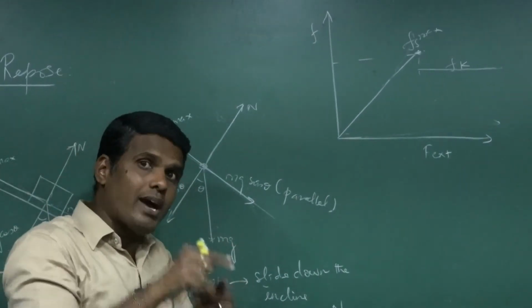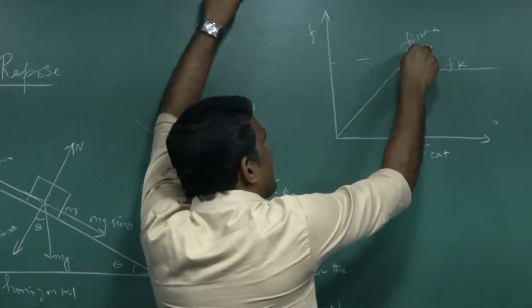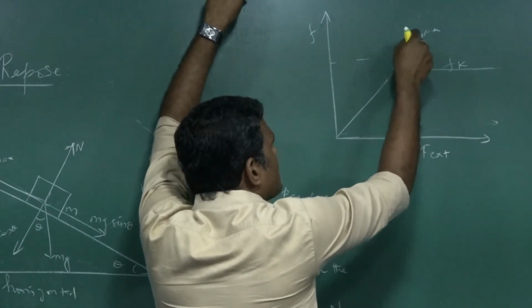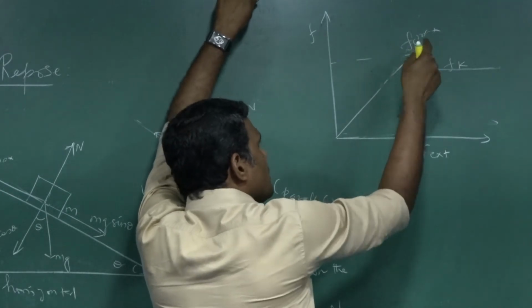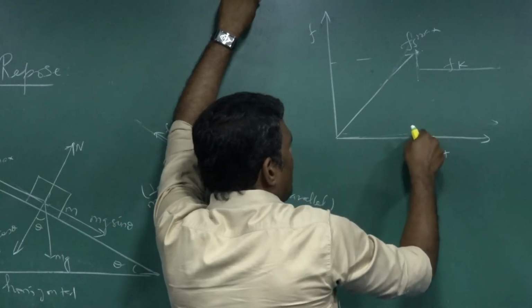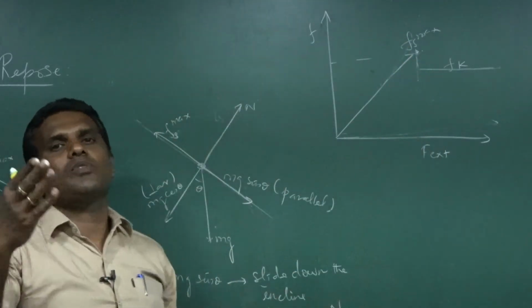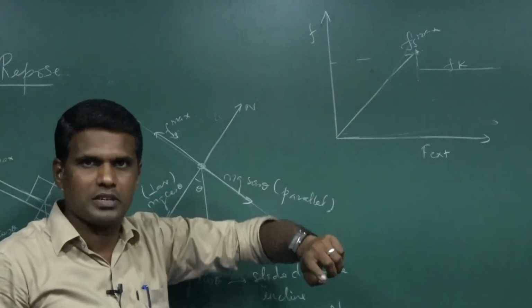That is the point where the kinetic friction starts. That is why the graph has been given like this. This is the external force for which the maximum value of static friction gets transformed to kinetic friction.